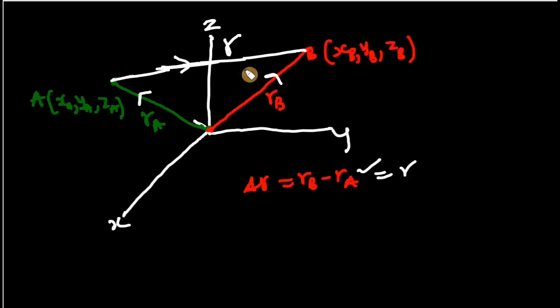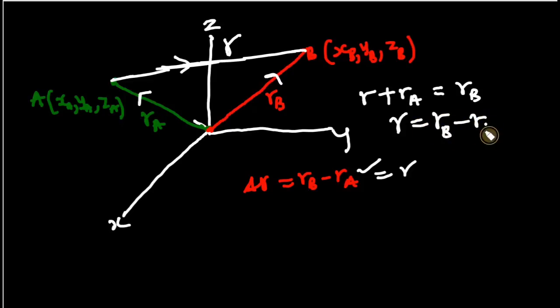So of course what we have here now is we added R to this RA, and it gave us RB. So if we make R subject of the formula, you have that RB minus RA, which is the final position minus the initial position, which is what we have here.